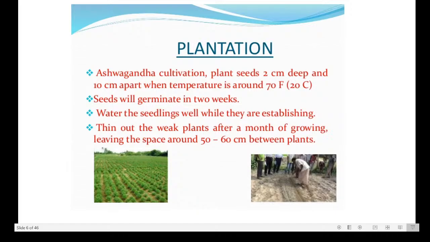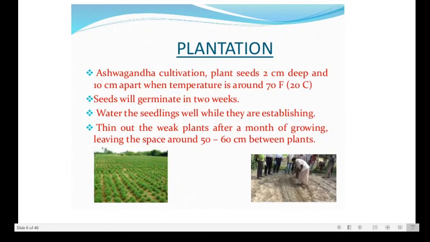After 2 weeks the seed germinates. After germination, it tolerates a little more temperature. Once it has grown to around 50 to 60 centimeters, nearly 2 feet in height, the whole plant is harvested, because the root is the major part used for medicinal application.